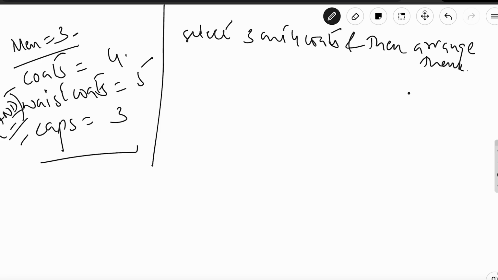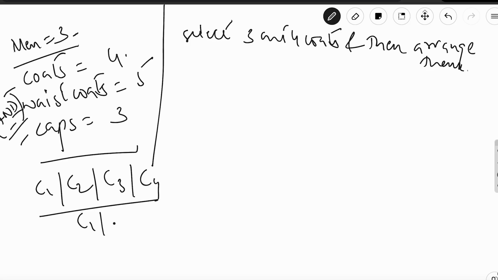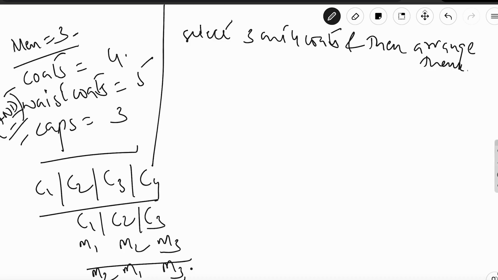Like out of 4, if they have C1, C2, C3 and C4 coats, even if they select C1, C2, C3, man 1 could wear C1, man 2 could wear C2, man 3 can wear C3, or man 2 can wear C1, man 1 can wear C2 and man 3 can wear C3. There are multiple such arrangements which are possible.